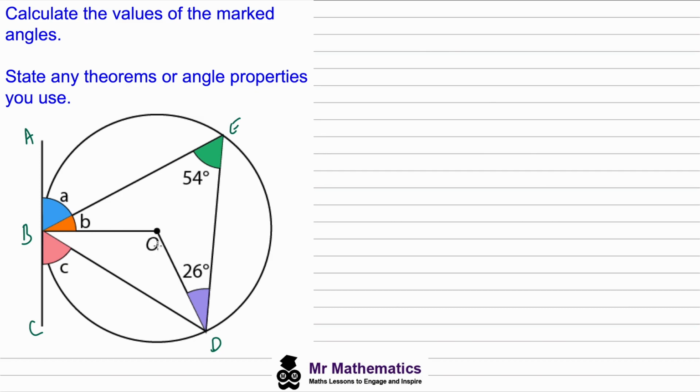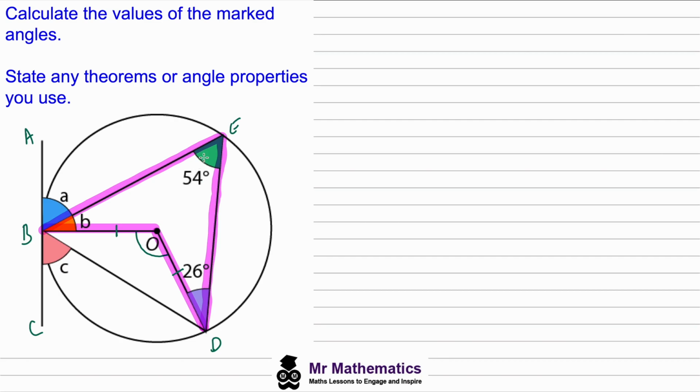So we can begin by working out this angle here. Can you see that this angle forms like a kite with the angle at the circumference E? And because O to B is equal to O to D, they're both radii of the same circle, we can use the property that the angle at the center is double the angle at the circumference.